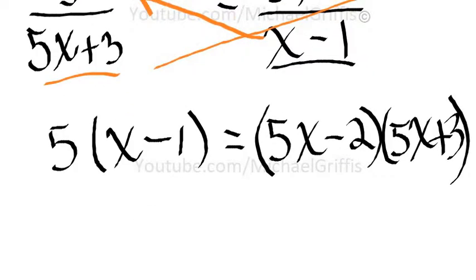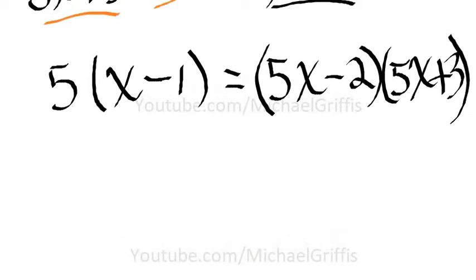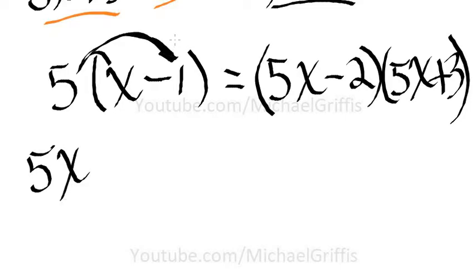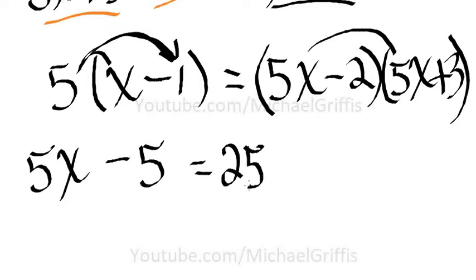All right. What we need to do now is go ahead and multiply this thing out and collect up some like terms. So we have 5 times x, 5 times this minus 1 is going to make this minus 5, is equal to, all right, 5x times 5x is 25x squared. 5x times 3 is 15x.